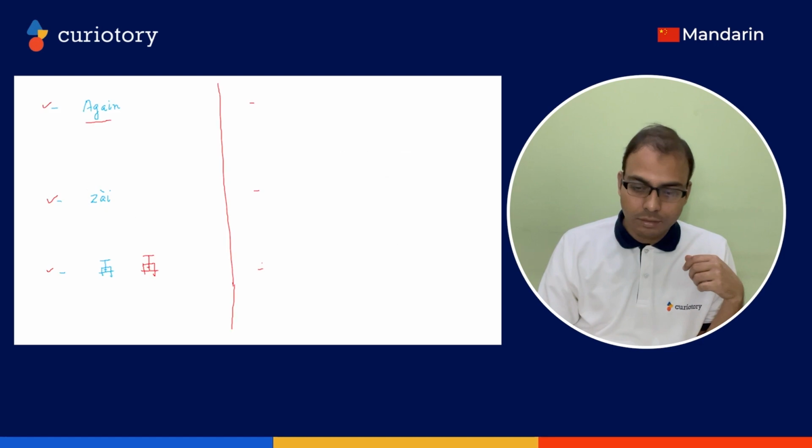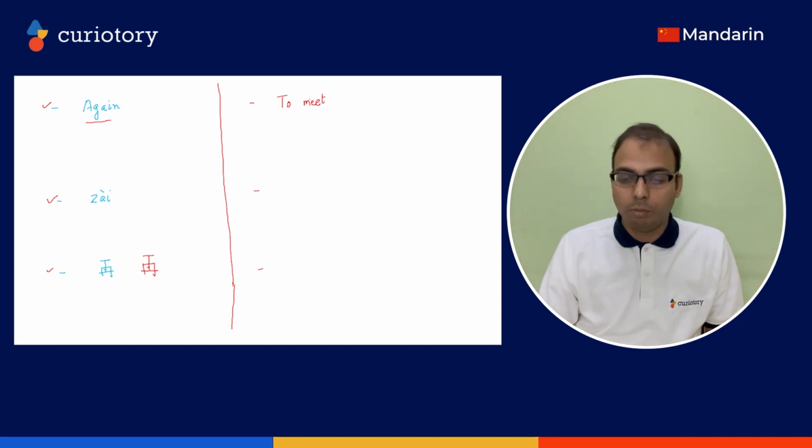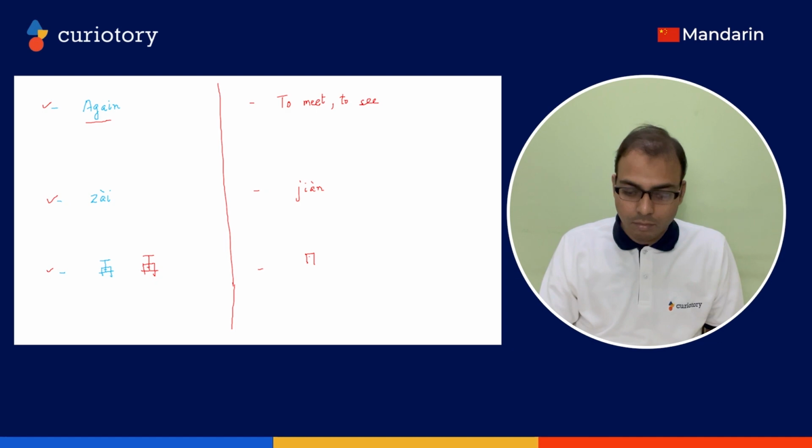So here our subject is to meet or to see, and the pinyin is jian, and the character is this one.